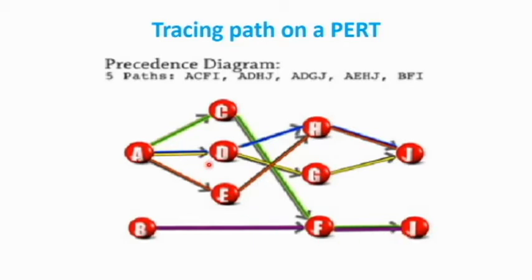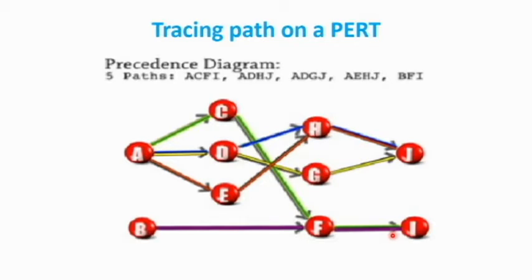The blue arrows show the next path, which are A, D, H, and J. The next yellow arrow shows the next path, which are A, D, G, and J. The last path, which is the purple, has the path as B, F, and I.